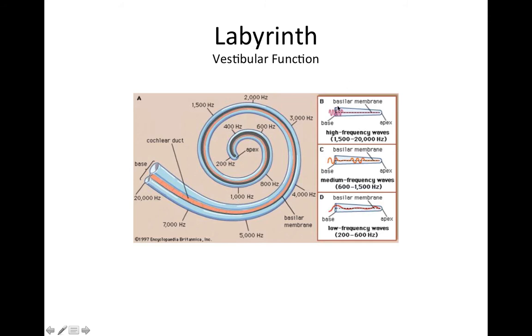So as you can see, the location of the basilar membrane is very important because different areas can translate different frequencies. And of course, those hair cells, you can see here in the cochlear duct in the center, those are going to be the different hair cells that are stimulated, which are going to give us different perceptions of frequencies.